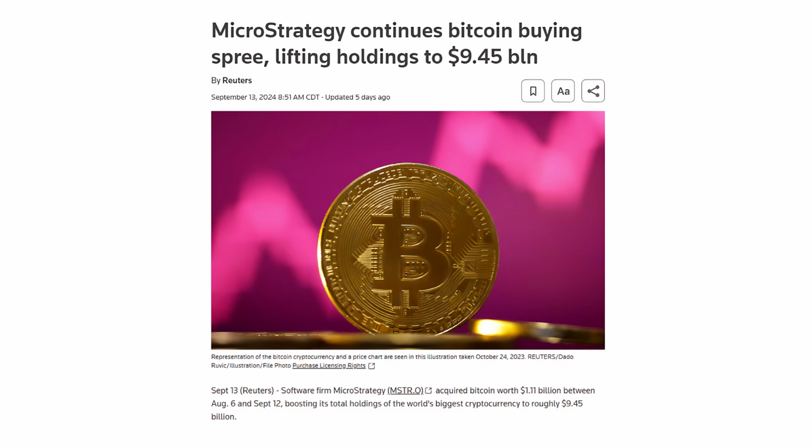So be careful. MicroStrategy the other day just purchased more Bitcoin. They just can't stop buying billions of dollars worth of Bitcoin. It's amazing. I do believe the current number, this is a couple days old, is closer to $11 billion is what it's worth. That's a lot of money.